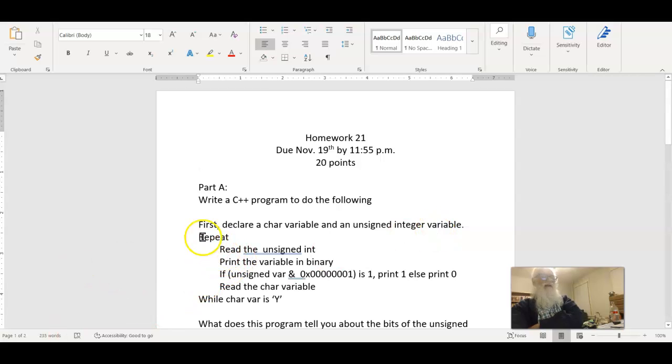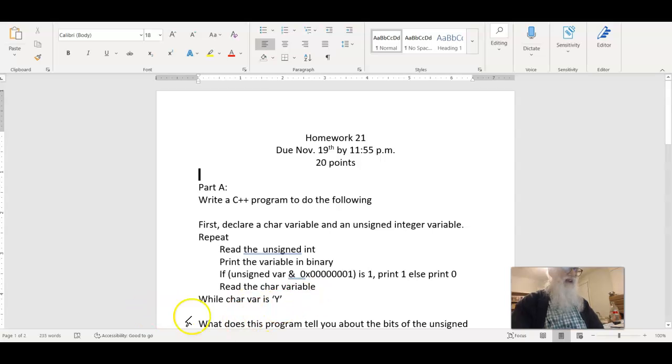You're going to repeat the following. Read the unsigned integer. Print the variable in binary. That's the bitset. Now, if the unsigned variable n is 7 zeros and a 1, that turns out to be 32 bits, and the only one of them that's a 1 is the rightmost one, print 1, else print 0.